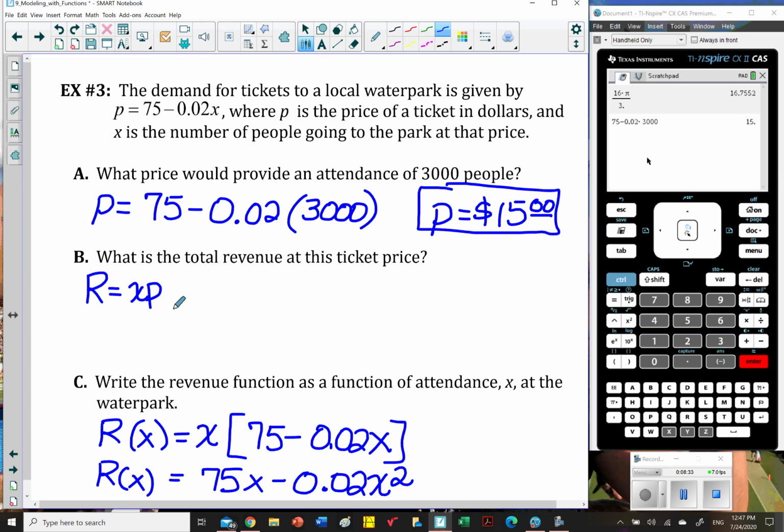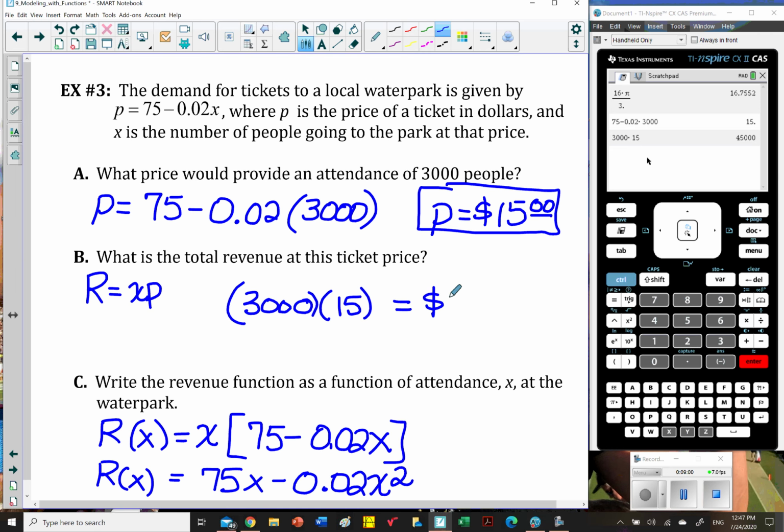But in part B, it's really just as easy as saying, I've got a $15 ticket and we're having 3,000 people attend. So that would be $45,000. So X was 3,000 and the ticket price was 15.